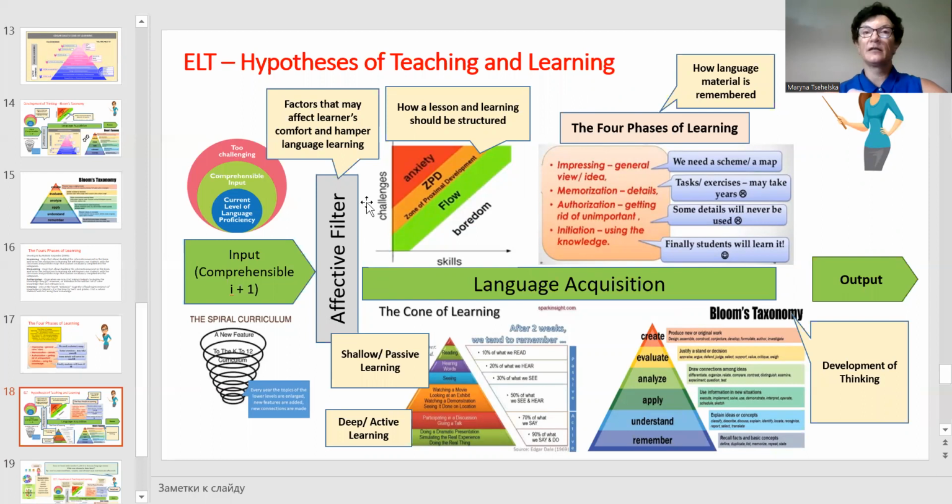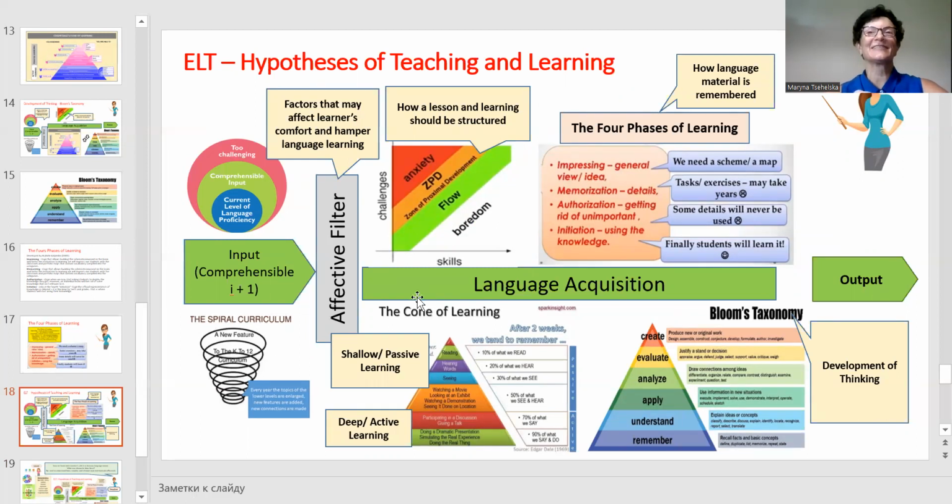So then when we come to the classroom, we are always aware of the affective filter. It means that no matter how hard we try, our students will never be learning well if they are not comfortable, if you are not enthusiastic, and if the learning environment is not what they expect.